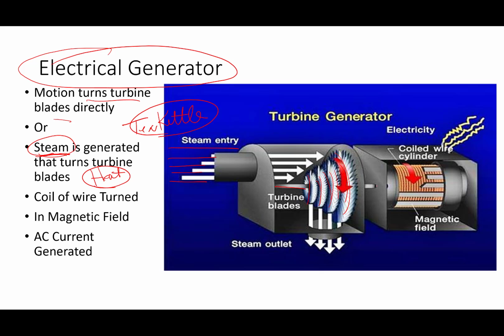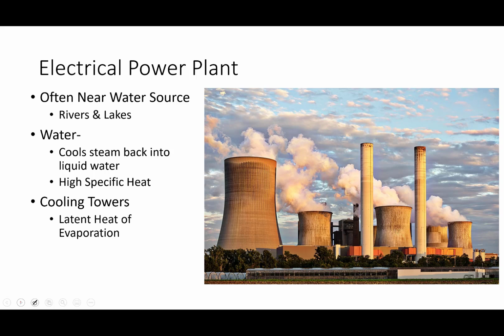The turbine blades are attached to a large axle. The axle is then going to spin a large coil of wire inside of a large magnetic field. If you have a moving conductor inside of a magnetic field, you are going to get the production of electric current. That is what electromagnetic induction is all about.